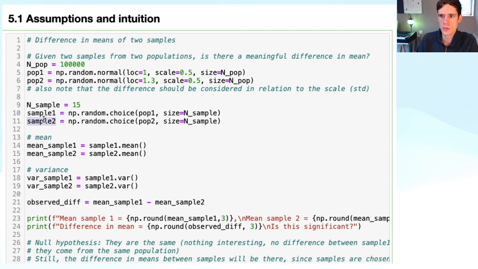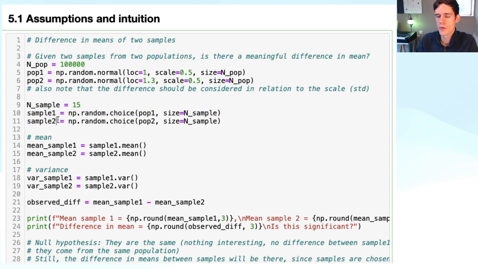Now for sample 2, again, we choose 15 data points from population 2 at random. So at this point, we now have two populations and two corresponding samples. And of course, the challenge or the question that we're trying to answer is, can we derive the difference in means of our populations by only looking at our sample data? And that is, of course, what statistical testing is all about.